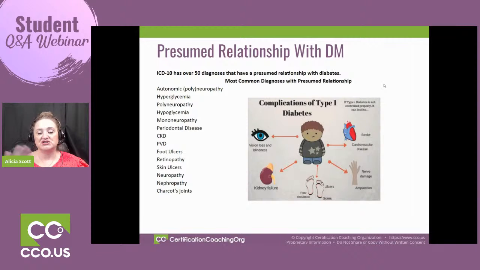These are just a few of the 50 that you'll know are presumed relationships with diabetes, and they carry the higher HCC.